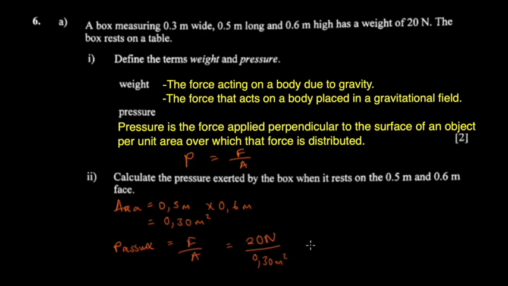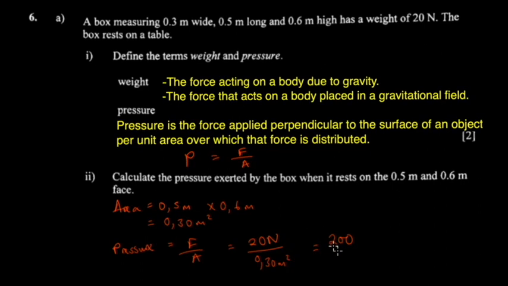So the pressure would be equal to what? Here you get 200, multiply this by 10. Here you get 3, and you multiply this by 10. So in pascals, 0.30 is simply 0.3, there's no difference.